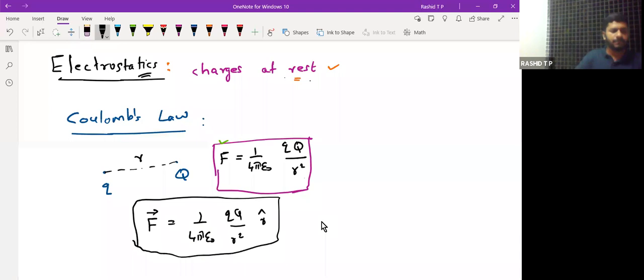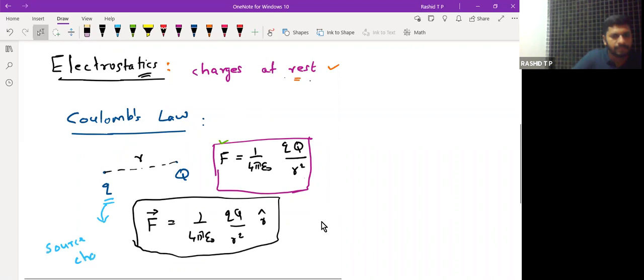Here this charge q we call the source charge, and the charge capital Q we call the test charge, which means the force experienced by this charge is this one.